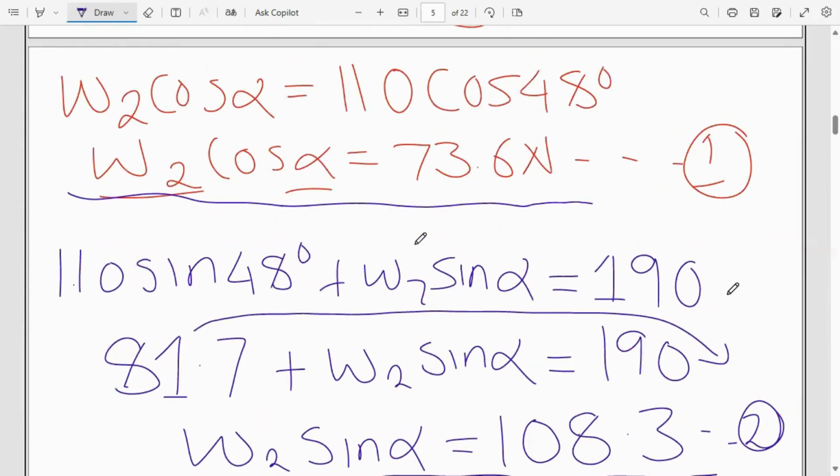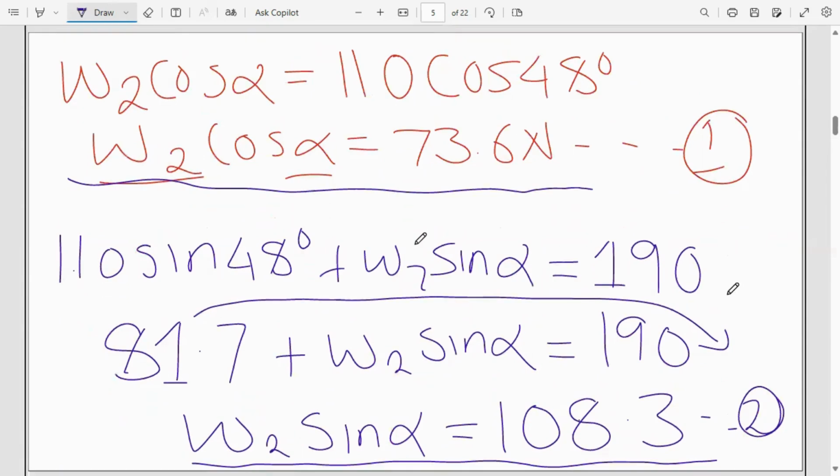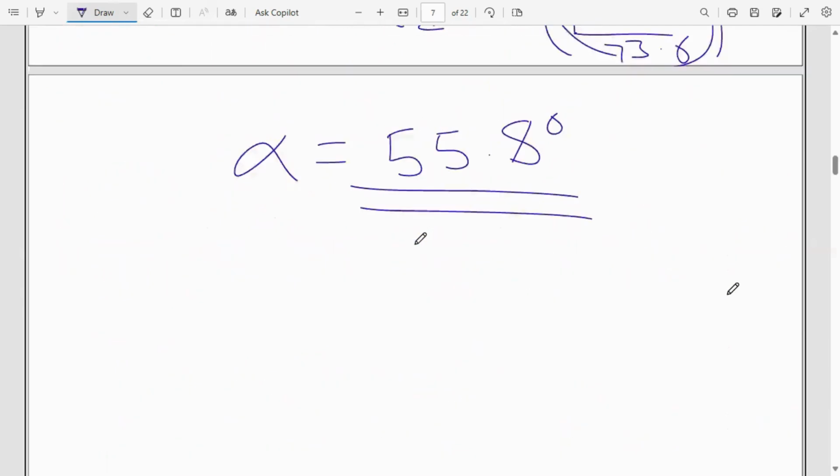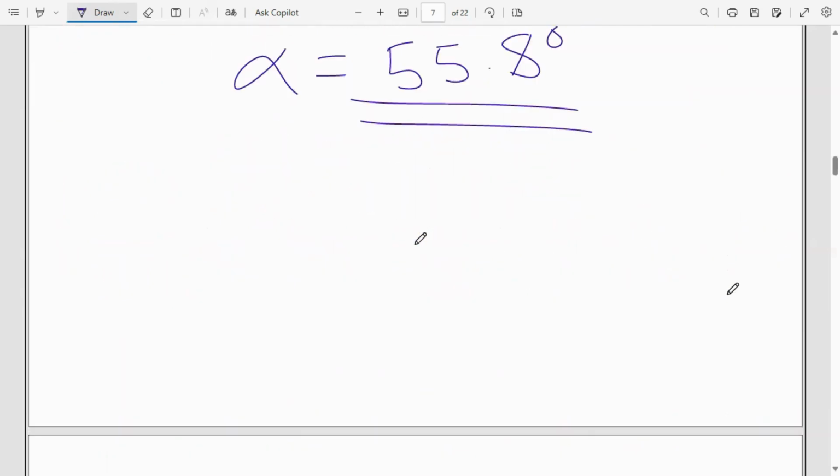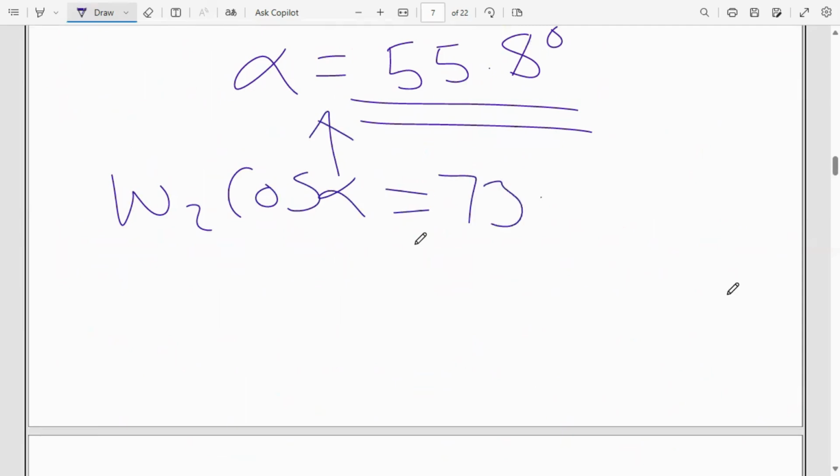So I'll use the one in the x, which is saying W2 cos alpha is equal to 73.6 newtons. So if I use this one, what am I going to get? I'm going to get W2 cos alpha. Remember, we are from finding the value of alpha, and this is equal to 73.6.